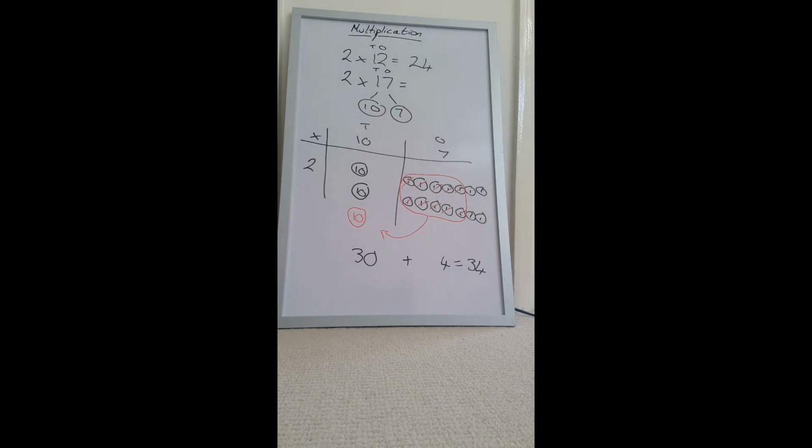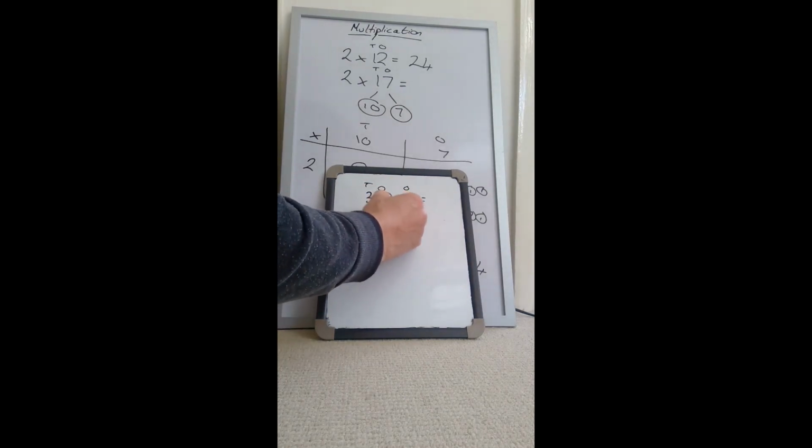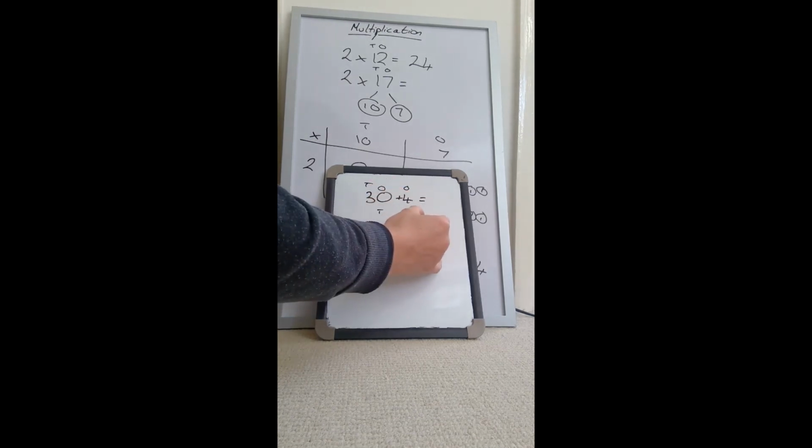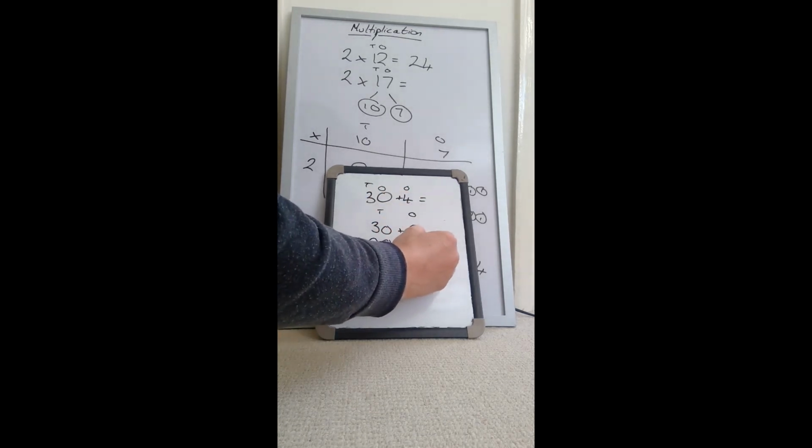If you did want to use column addition, you would follow the same strategy we've done before. 30 plus 4 in our number sentence, tens and ones. You would then partition into our column addition. This would be the expanded method, so there'd be 30 in the tens columns, there'd be 0 ones, add, there is no tens, and there are 4 ones.